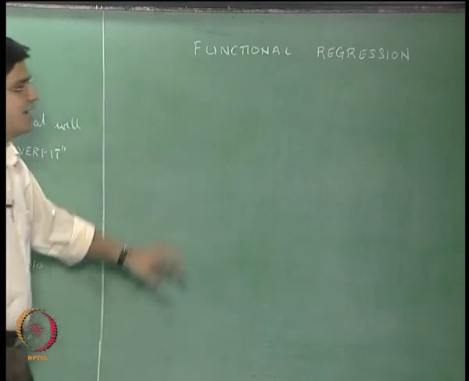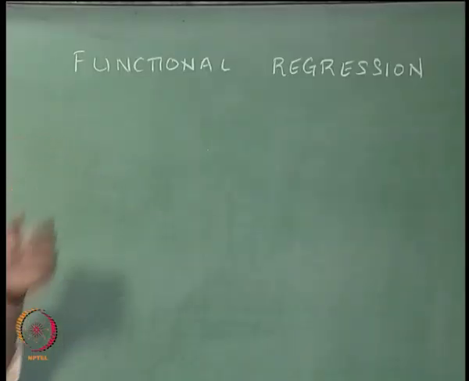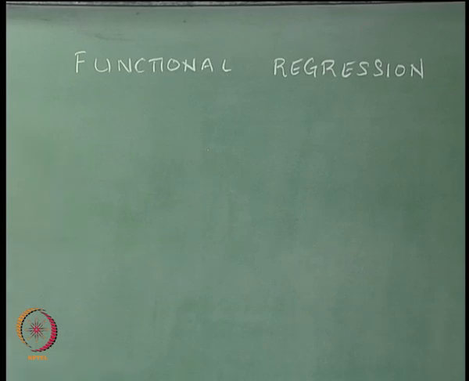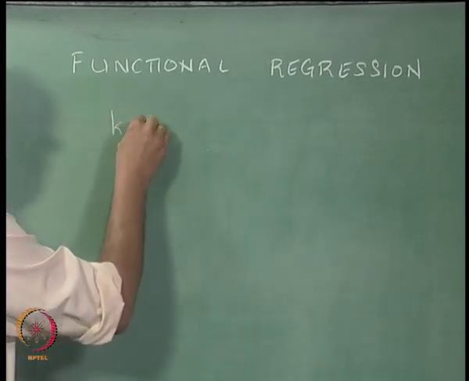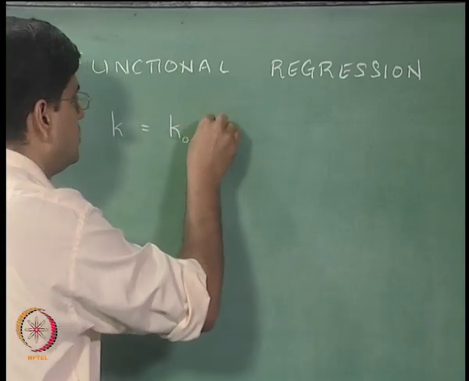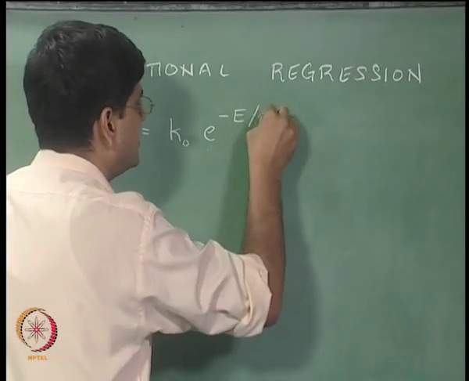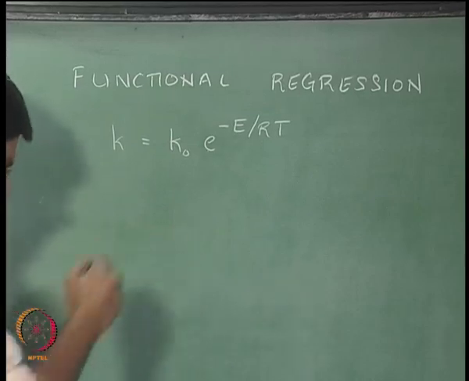Okay. And the idea over here is the same idea that we used while fitting the Arrhenius rate law. For example, when we had the rate constant k equal to k0 e to the power minus E by RT, we took logarithm on both sides.